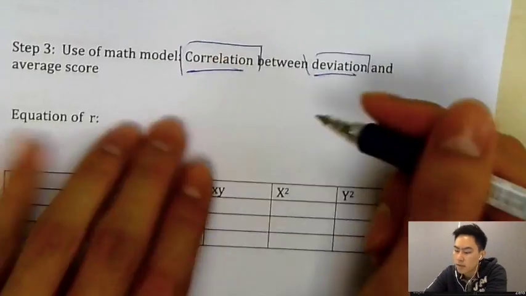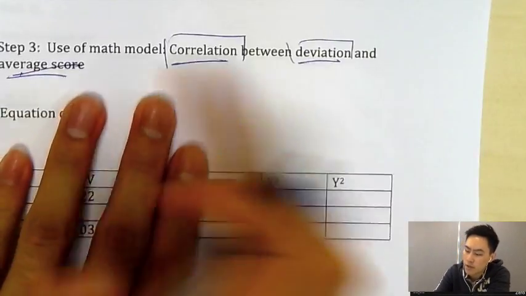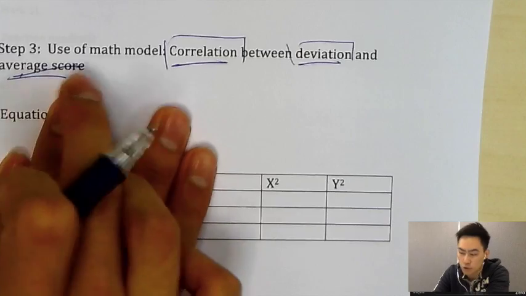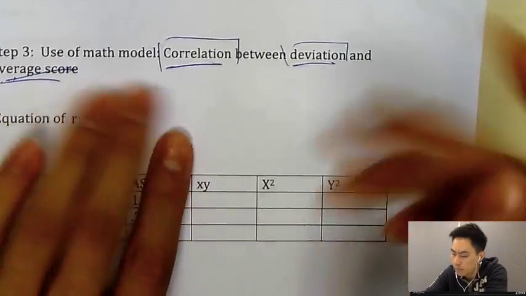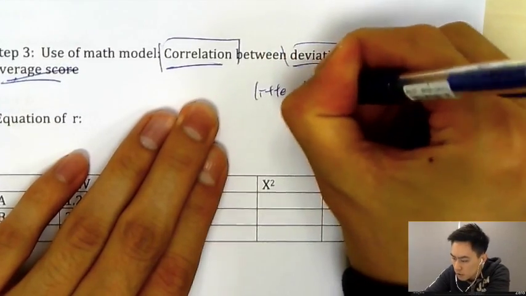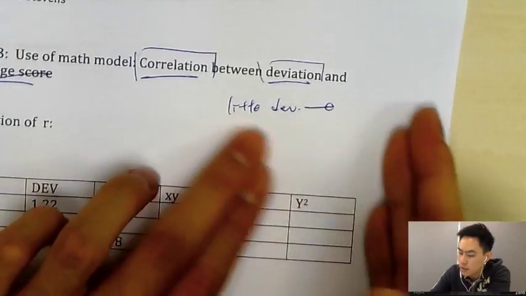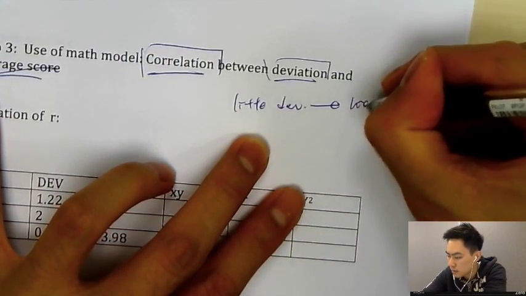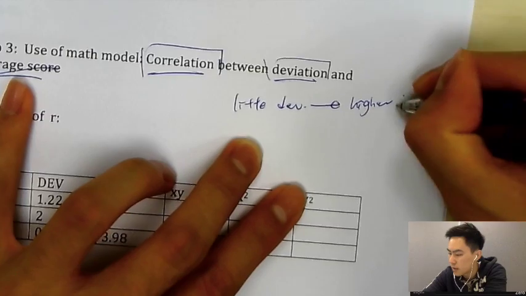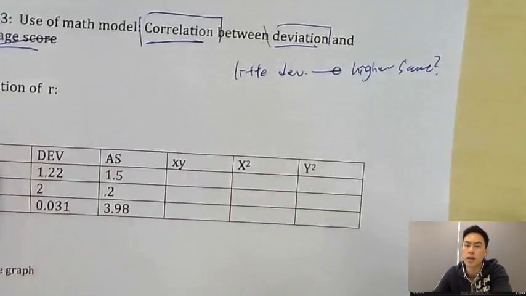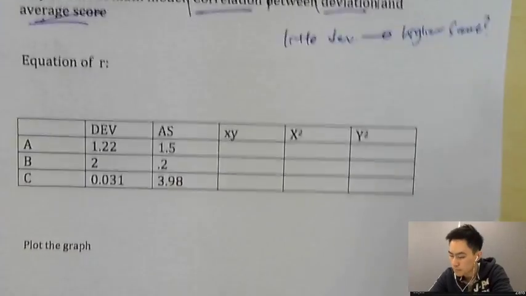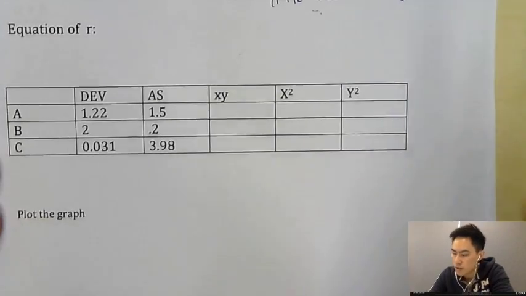Then would it be a higher average score for that face? If little deviation, would it lead to a higher score? I want to see if there is any correlation. So little deviation and higher score.